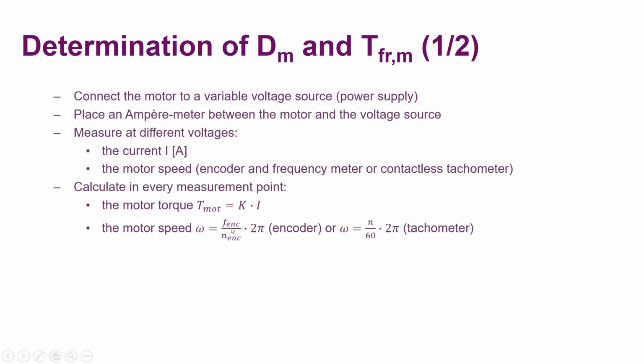So: frequency of the encoder divided by the number of pulses per revolution, multiplied by 2π. But when you use the tachometer, you probably measure the motor speed in RPM, and then you divide that RPM by 60 and multiply it again by 2π. So now we have the motor torque and the motor speed omega.